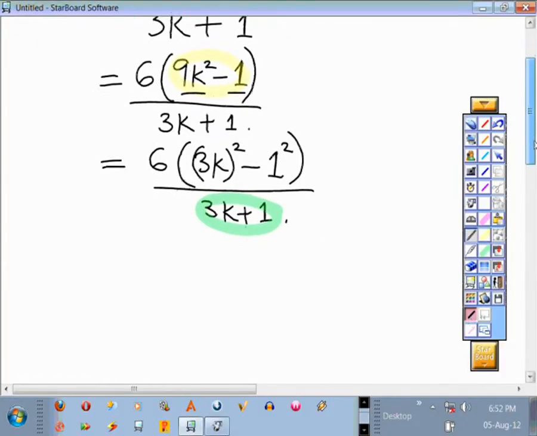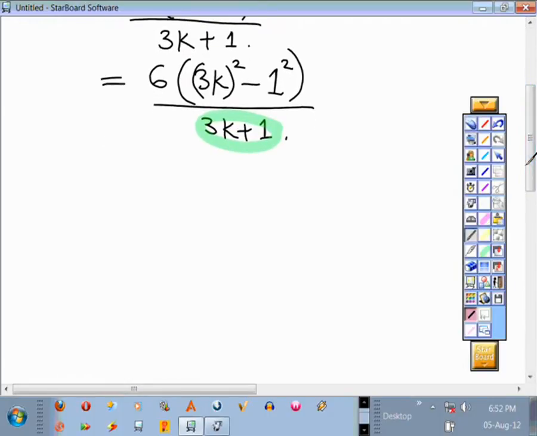Now, every difference of two squares, that is, anytime we have something like a squared minus b squared, what should come to mind in order to factorize this is to write a plus b into a minus b. So every mathematics student must know and acknowledge this fact.